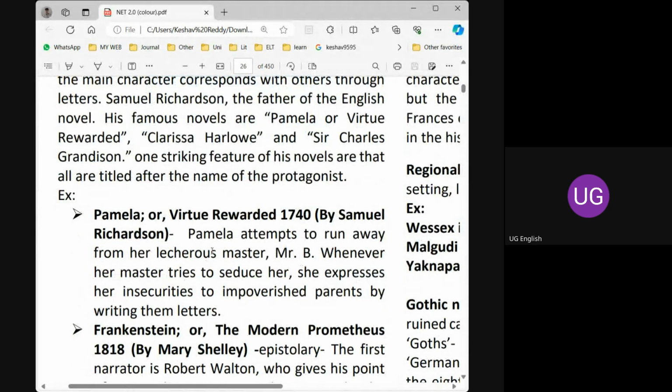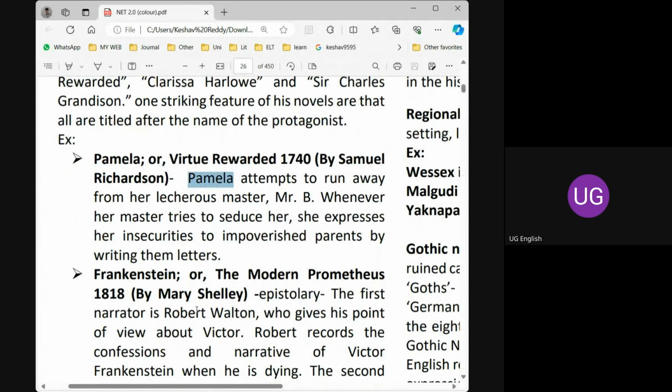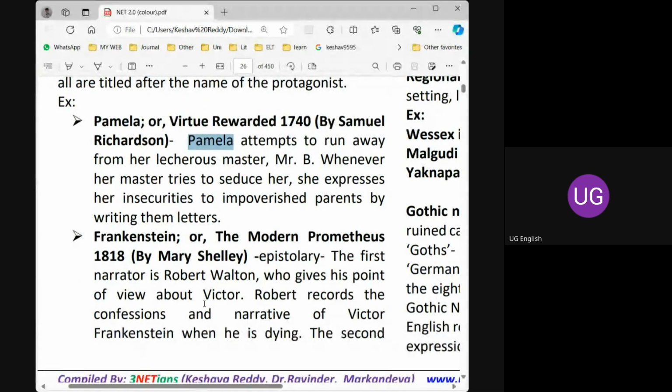And Pamela, we discussed this. The main character Pamela Andrews writes letters. So through the letters, we come to the plot of the novel. So even Frankenstein, I told you that the main character is Victor Frankenstein.